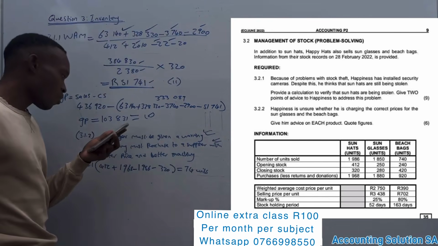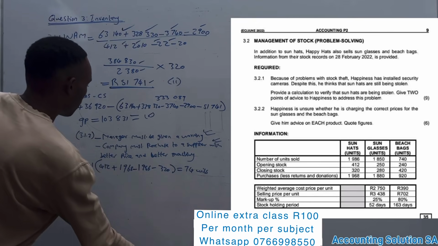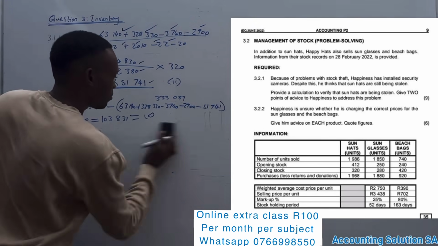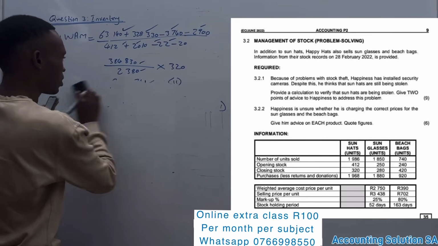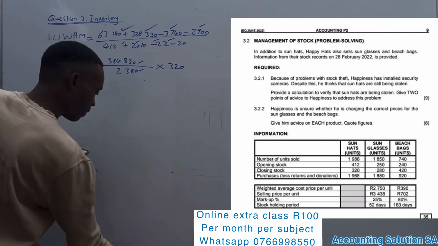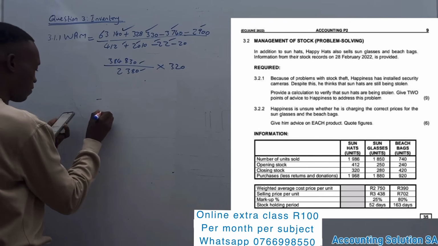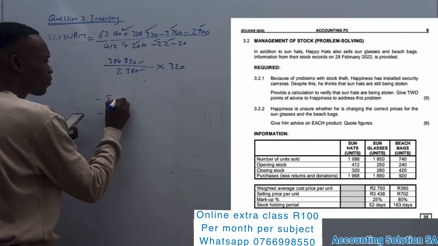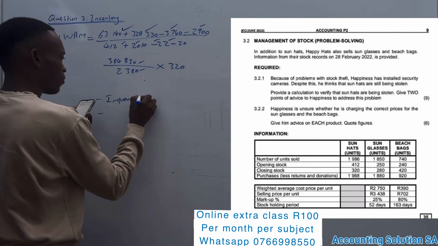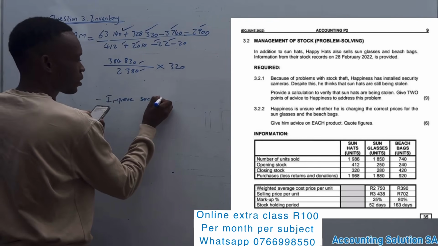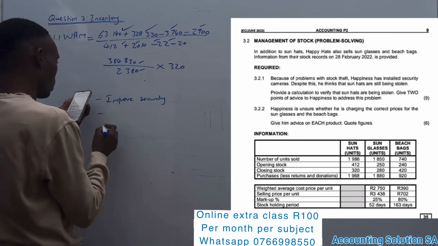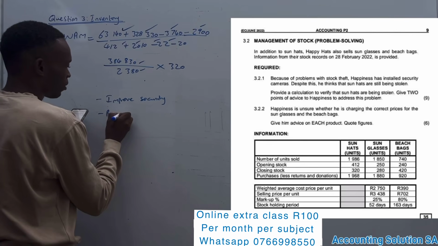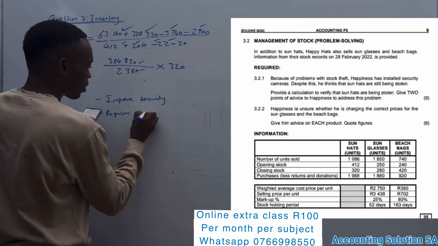Now to advice. We have to give 2 pieces of advice. Let me rub here so that we can have space. Advice number 1, we have to improve security. Number 2, we must have regular stock counts.